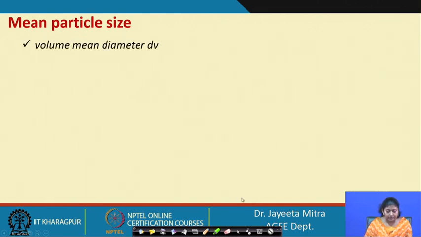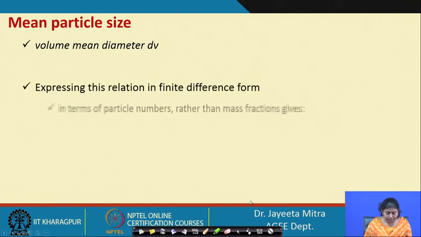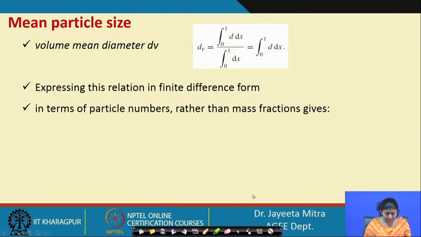Now, we will explain different mean particle sizes. First one is the volume mean diameter dV. So, volume mean diameter is expressed as dV equal to integration 0 to 1 d dx divided by integration 0 to 1 dx, that is equal to integration 0 to 1 d into dx.